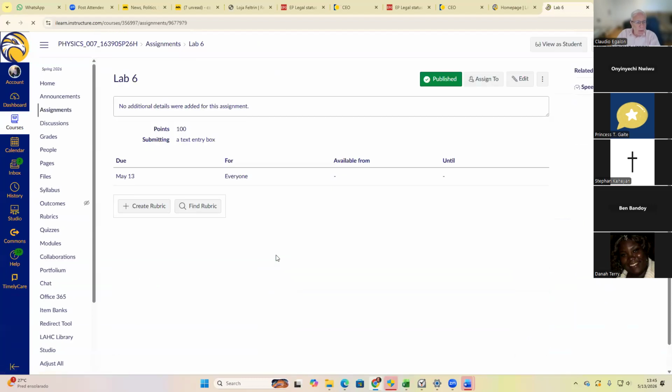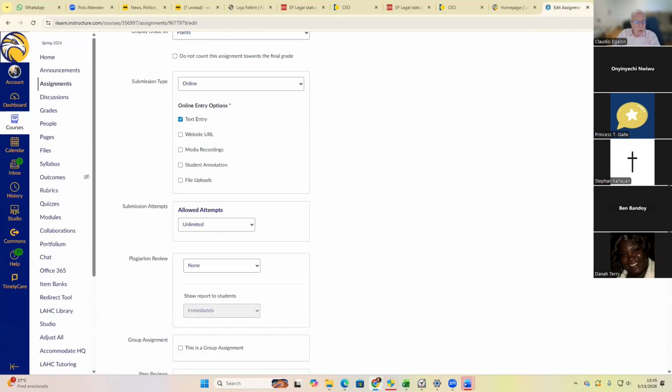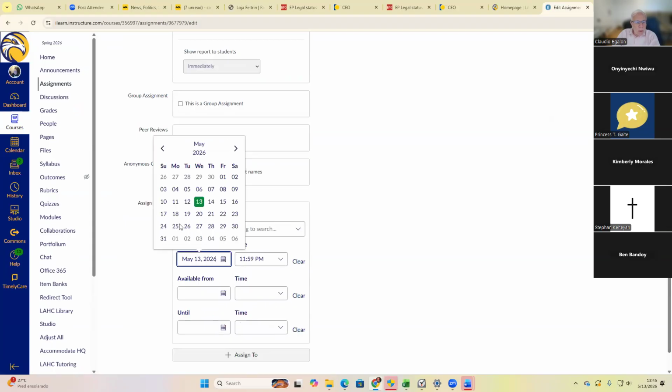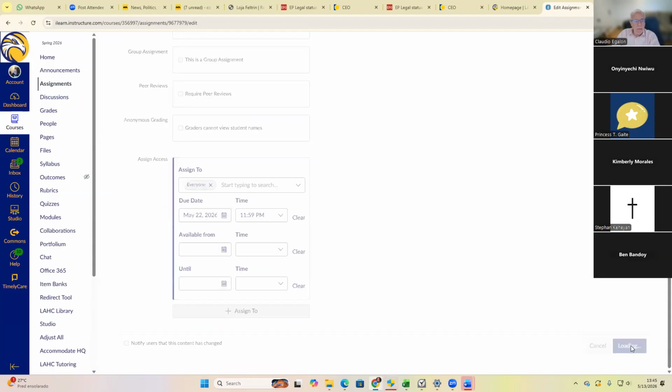Do we need an extension for lab 5 as well? See here, lab 6. No, you don't need it? Okay. So let's put the 24th. The exam is the 20th. Let's put the 22nd. And then save.